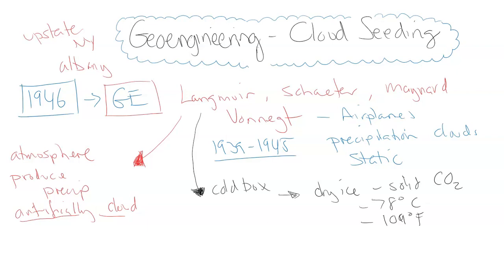Over more tender areas of your body, it can be very, very painful, even cause the skin to die if exposed for a long time. So obviously, handle with care. And he took some dry ice and put it back in the cold box, and what he saw was the condensation.